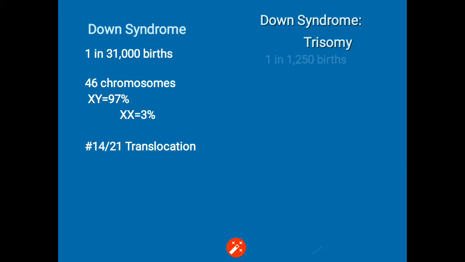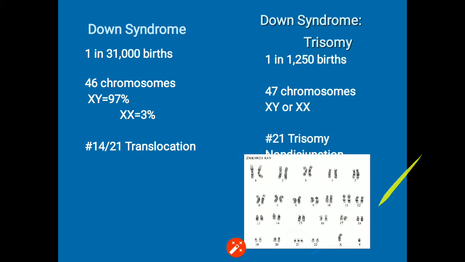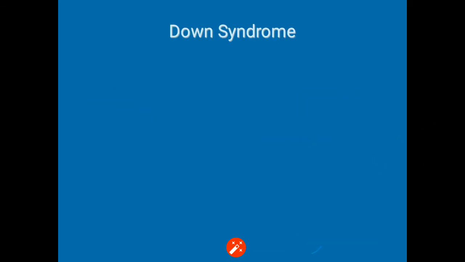Now here they have shown the cases. The 21st chromosome pair, within the circle you are able to see, has three chromosomes, so the condition is termed as trisomy.